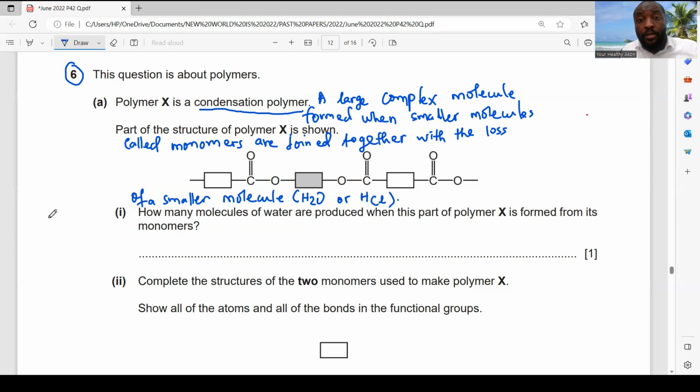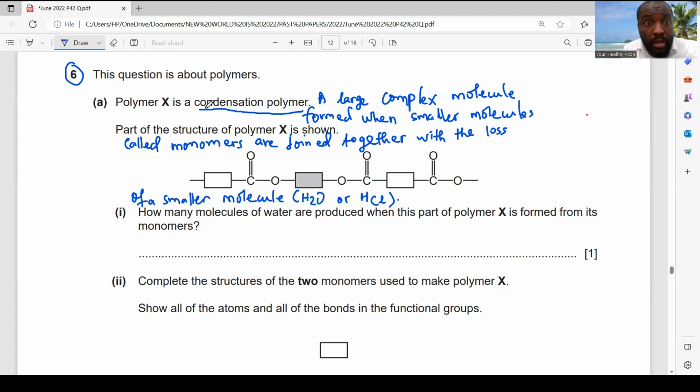So a condensation polymer is a large complex molecule formed when smaller molecules called monomers are linked together with the loss of a smaller molecule like water.